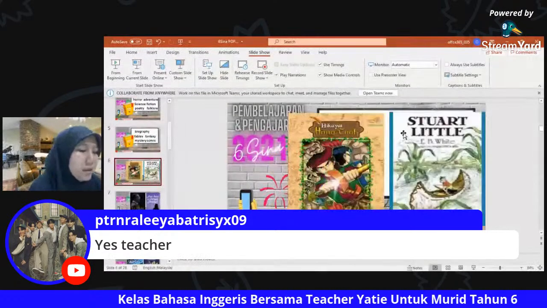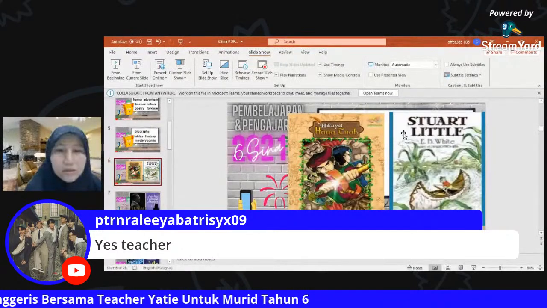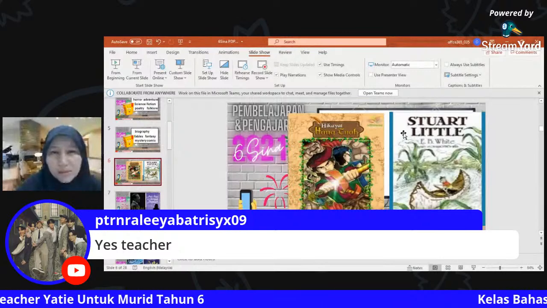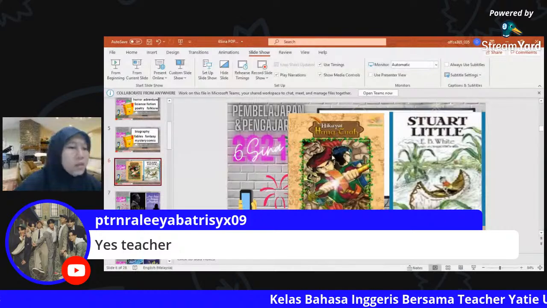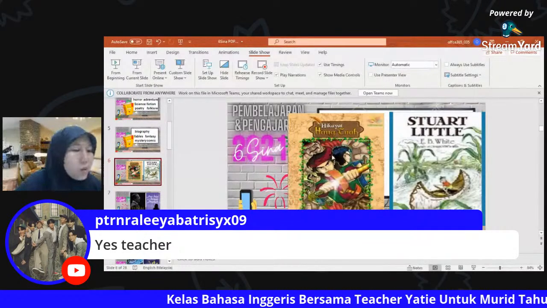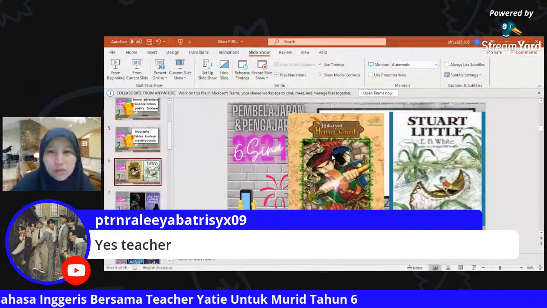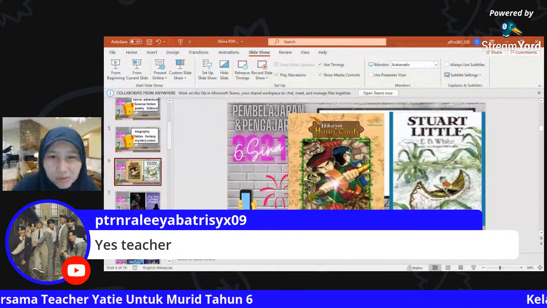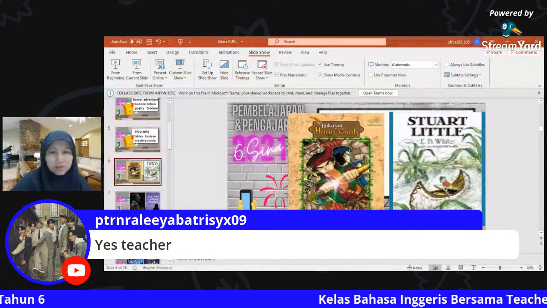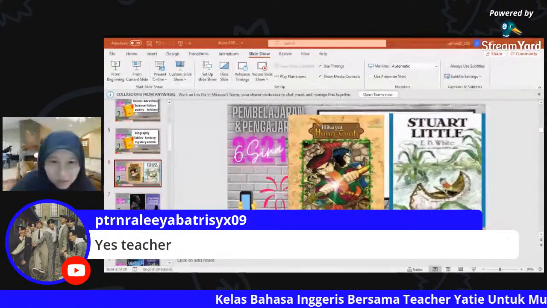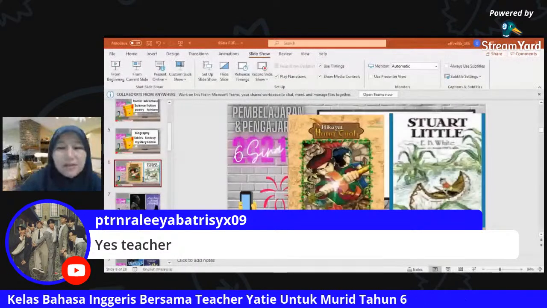So based on the book cover, can you guess what type of book? Look at the first, Hikayat Hang Tuah. Can you guess what type of book it is? Fiction or non-fiction? Do you think it is a made-up story or it is real?